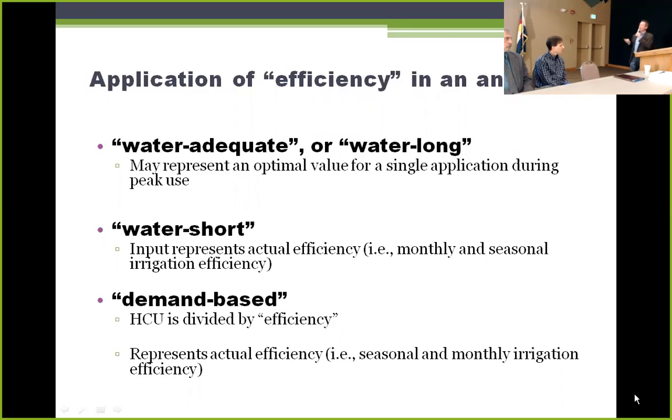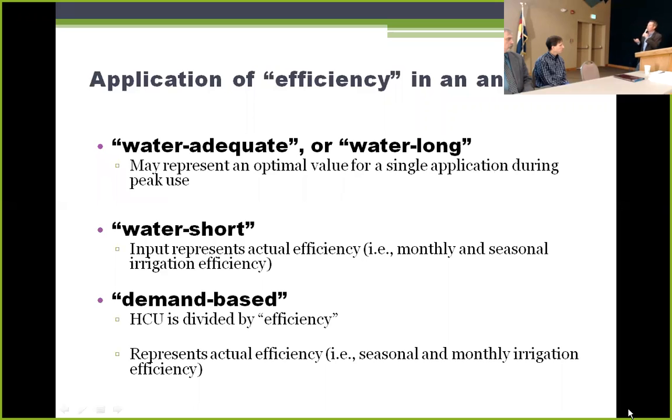What we've come up with is that when we look at what efficiency we should be using, and maybe come back to literature as far as the sources, we tend to think about whether the system is water adequate or water long. When we have a system that fits that category, the efficiency value that we are using in the model may represent an optimal value for a single event during the peak use.